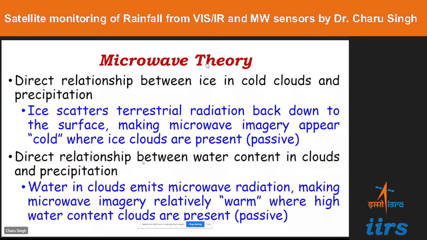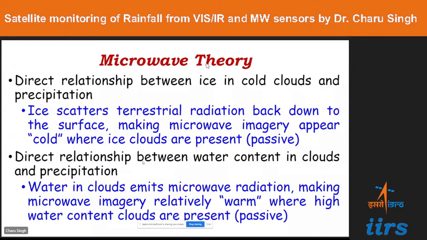So suppose you are given multi-temporal images from the low frequency channel of passive microwave sensors, and if you monitor that, suppose there is an enhancement in the emission over a particular location, you may infer that cloud may be present there, because clouds have water content. So therefore there will be high emission from the water content within the cloud that can make the imagery warmer over that particular location.